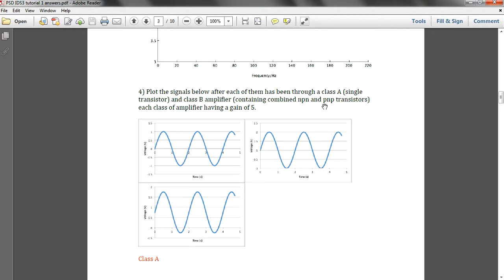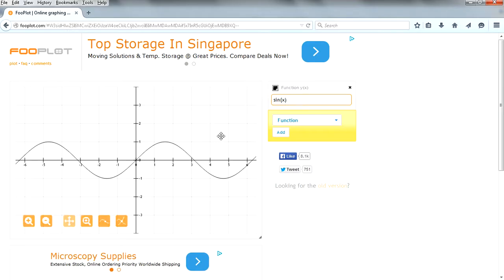If you have a signal like this one, take note that they are actually the same amplitude, just that they have a bias voltage put across. What do I mean by bias voltage? This is the sine x graph, right?